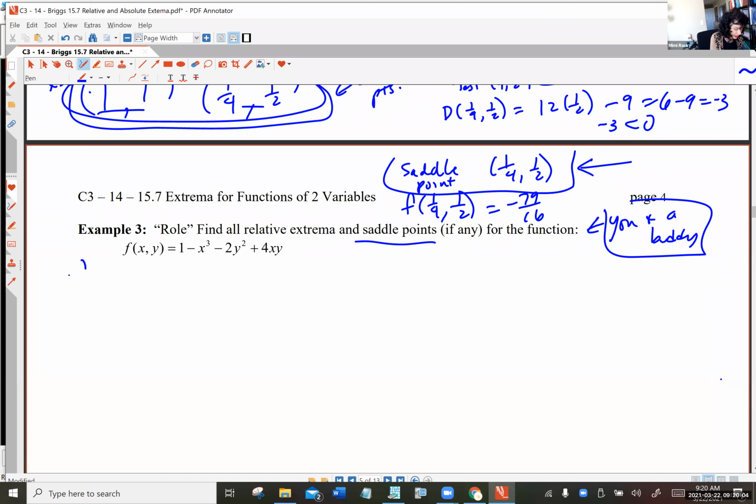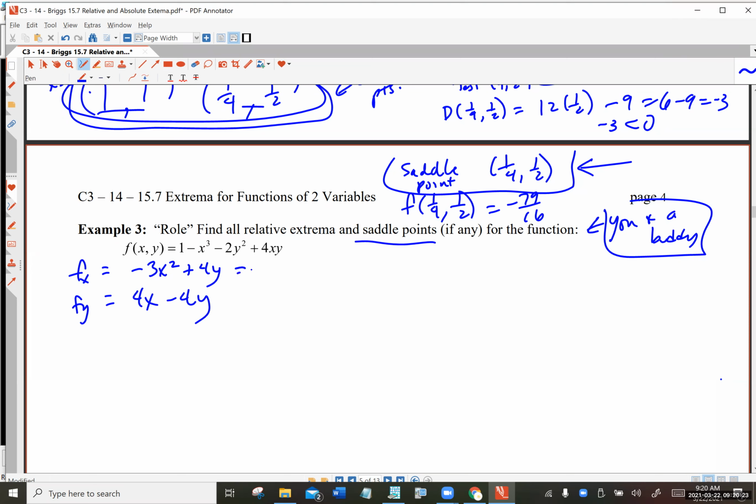If you got your fx and your fy, I got negative 3x squared plus 4y for my fx, and for my partial with respect to y, I got 4x minus 4y. Does that look right? Yes.